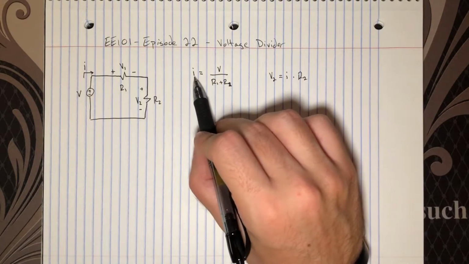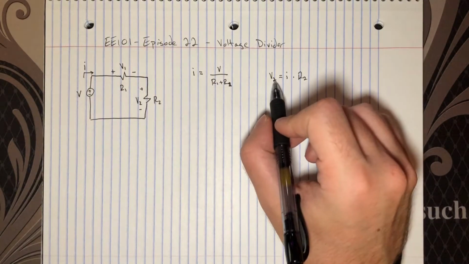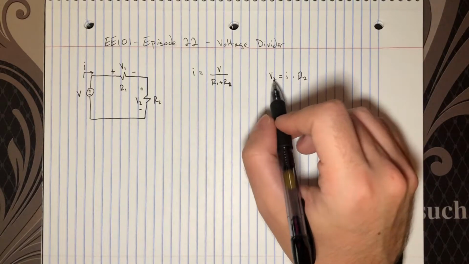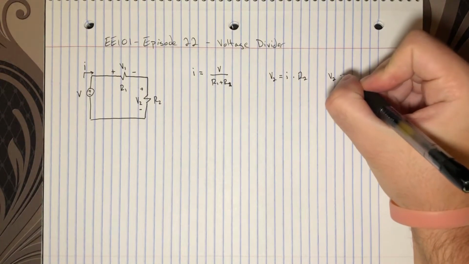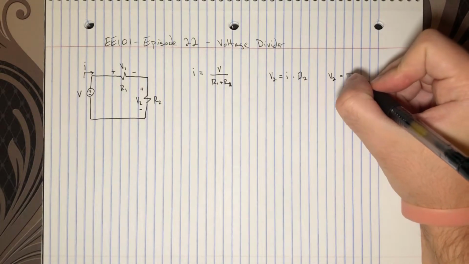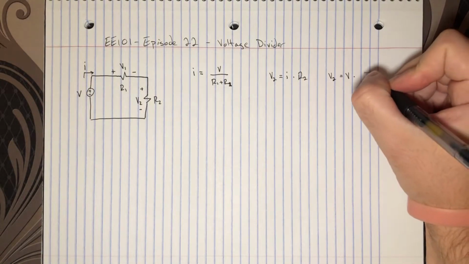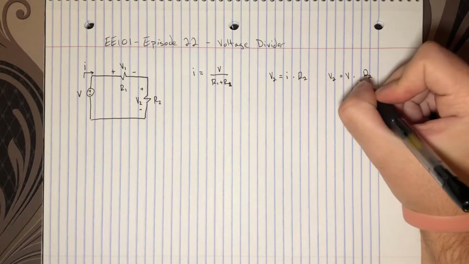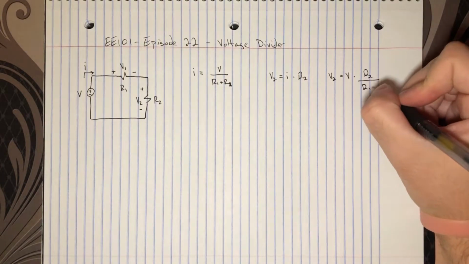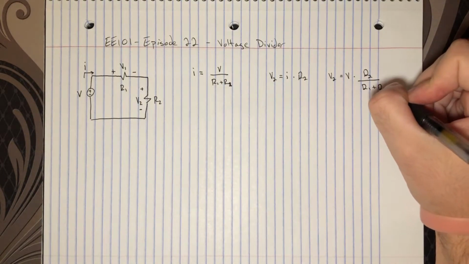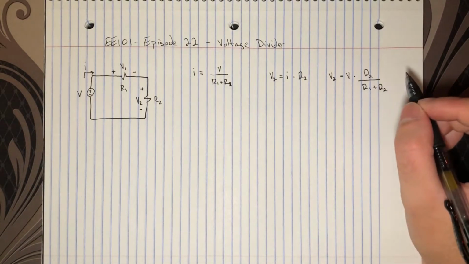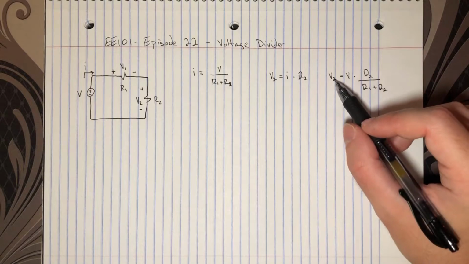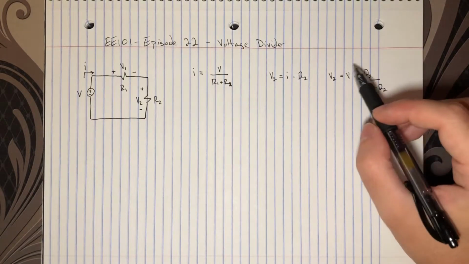So if I plug this current expression into my formula for V2, then V2 equals V times R2 over R1 plus R2. And that, my friends, is the voltage division principle.